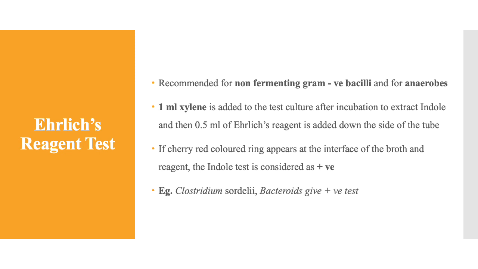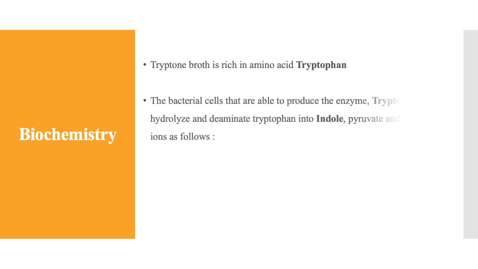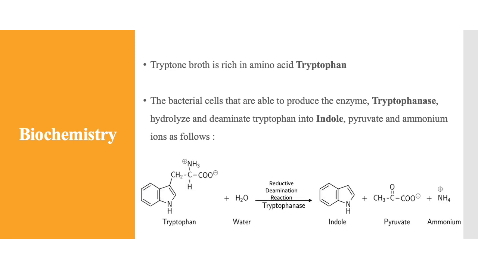Now we shall see the biochemistry of the indole production test. Tryptone broth is rich in the amino acid tryptophan. The bacterial cells that are able to produce the enzyme tryptophanase hydrolyze and deaminate tryptophan into indole, pyruvate and ammonium ions, as shown here in the reaction.